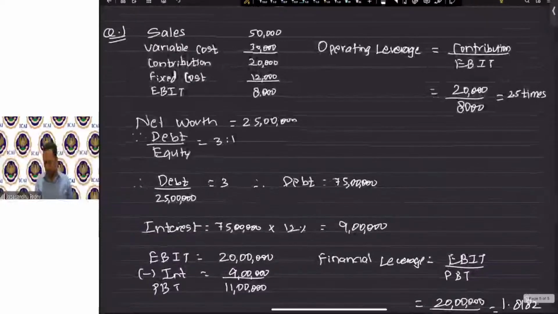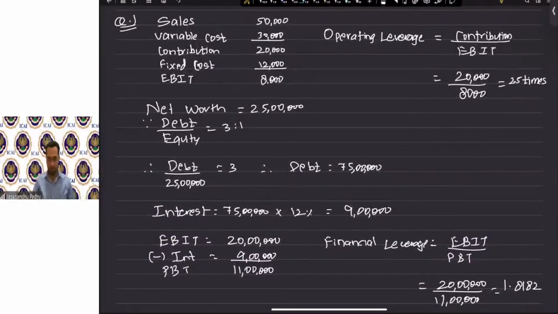Are we clear with the solution to question 1, guys? Everyone? It was quite an easy question, basic number calculation. Are you good with this?